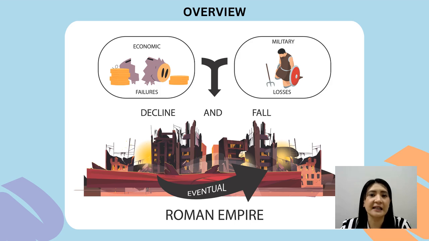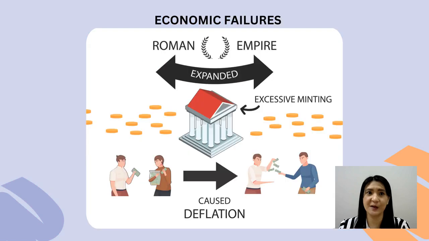Additionally, the empire's inability to fund a strong military left it vulnerable to invasions. The Roman army suffered significant defeats, especially against Germanic tribes, which led to the eventual collapse of the Western Roman Empire. So, let's break down these key points.